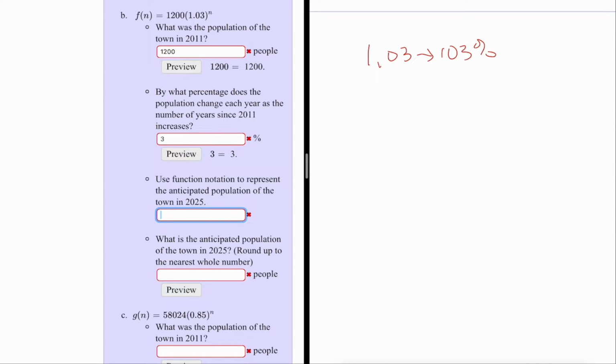Using function notation, what would be the population in 2025? That's 14 years later. So that would be our function f, 14 years later. What is the anticipation in 2025? So if we plug in 14, we're just going to put into our calculators 1,200 times 1.03 to the 14th power. We're going to round to the nearest whole number.